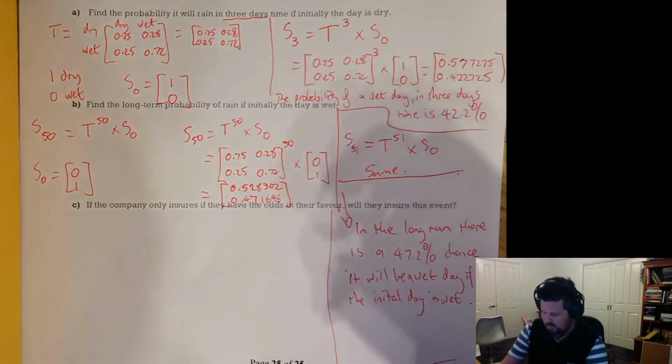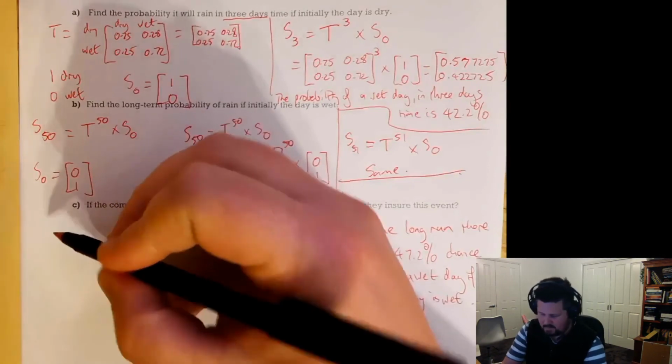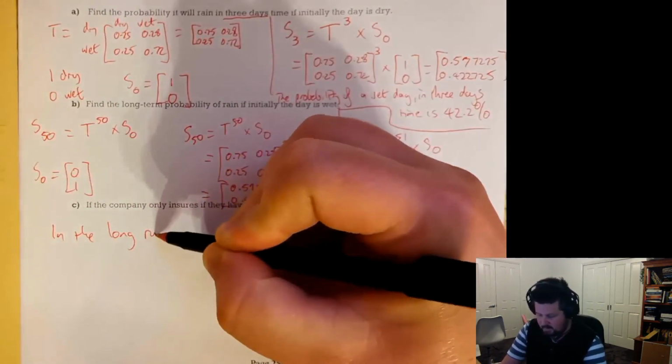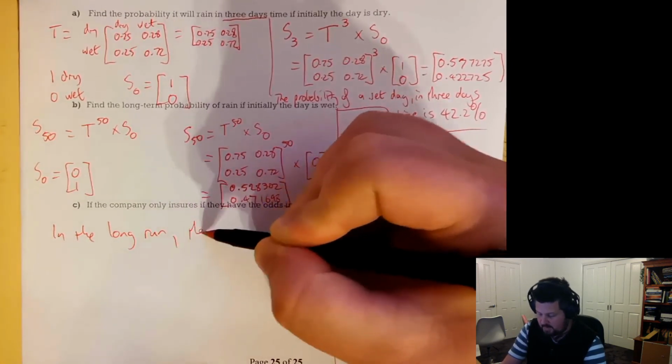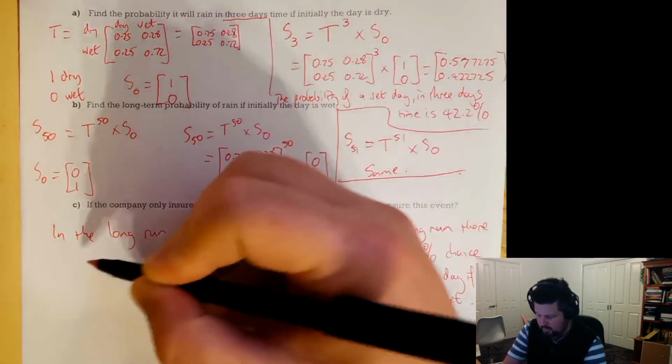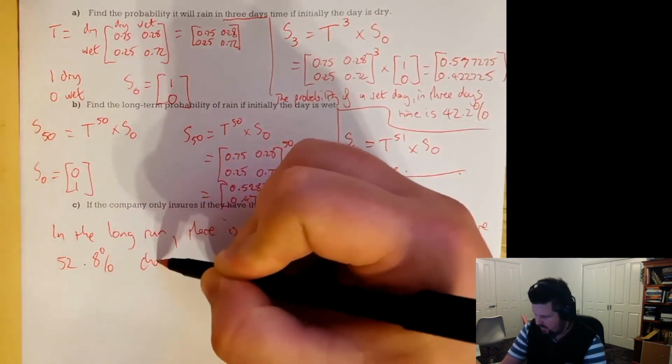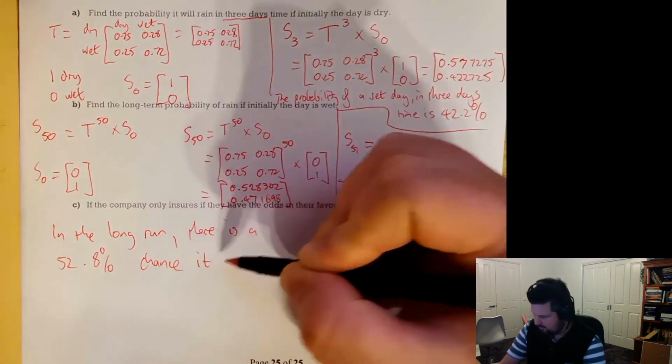So actually writing that in a nice sentence, I would say in the long run, there is a 52.8% chance it will be a dry day.